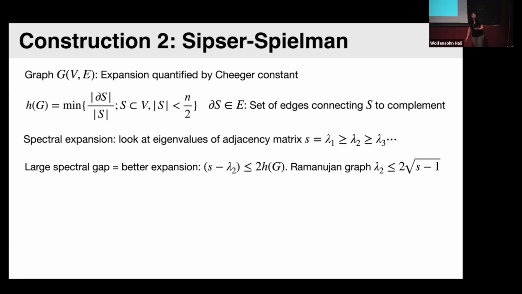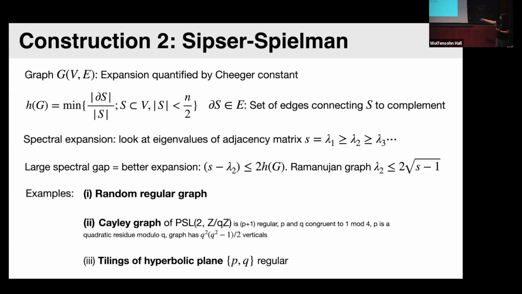There are classes of graphs known as Ramanujan graphs, which have the best spectral expansion properties. If we want to construct such graphs, you can either look at a random regular graph. These are random graphs with fixed degree. These will be good expanders with very high probability. Or if you want more regular constructions with no randomness, you can look at Cayley graphs of certain groups.